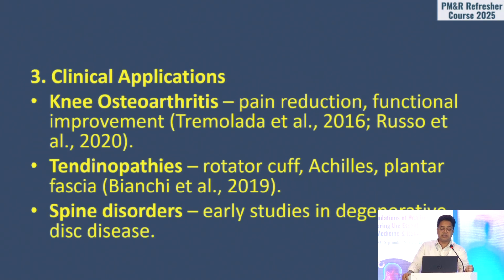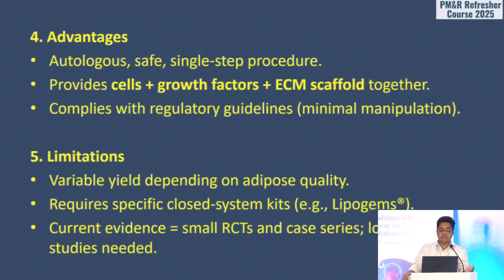What are the clinical applications? It has been used in knee osteoarthritis, with pain reduction and functional improvement, in tendinopathies of the rotator cuff, Achilles and plantar fascia, and in some spine disorders, like early studies in degenerative disc disease. What are the advantages? It is autologous, safe and a single-step procedure, provides cells, growth factors and extracellular matrix scaffold together, and complies with regulatory guidelines.